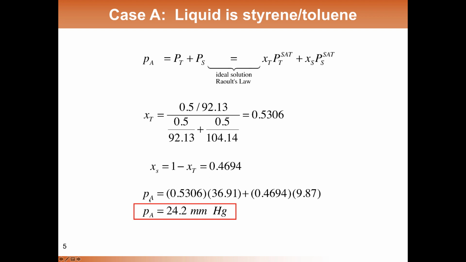And then we can calculate the total pressure in the headspace above case A is just the mole fraction of toluene times its vapor pressure, and likewise for the styrene, exactly according to the Raoult's law calculation shown here. And the total pressure then above that liquid mixture of toluene and styrene is 24.2 millimeters of mercury.